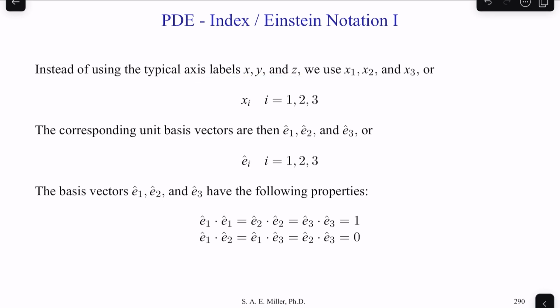And we might say, well, x is x1, y is x2, and z is x3. So x1, x2, x3, that's very common. Instead of putting a 1, 2, or 3, we might just write x sub i and say, well, i varies 1 to 3. I mean, i could vary from, say, 1 to 1 or 1 to 10 if you had 1 or 10 dimensions respectively, but we'll mostly focus on 3 dimensions for the Navier-Stokes equations.